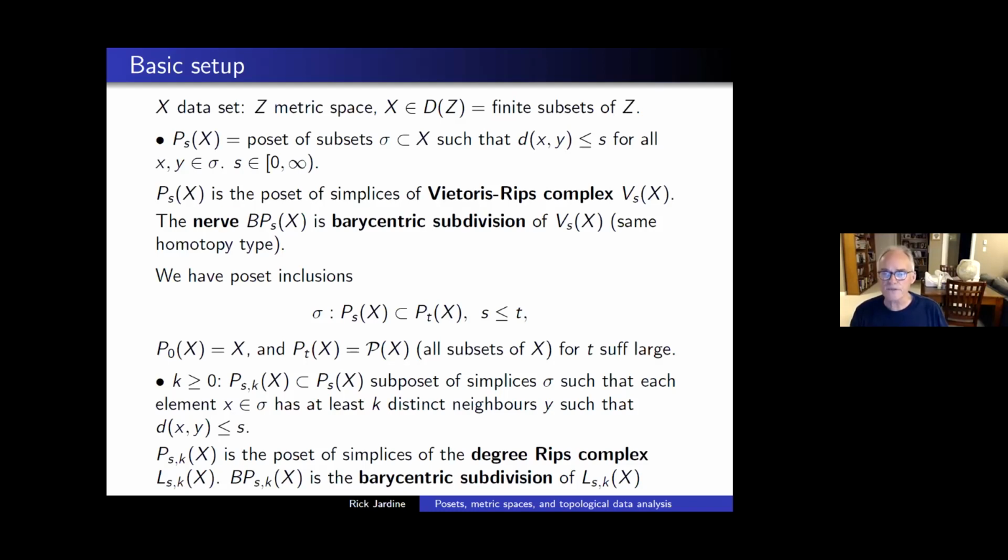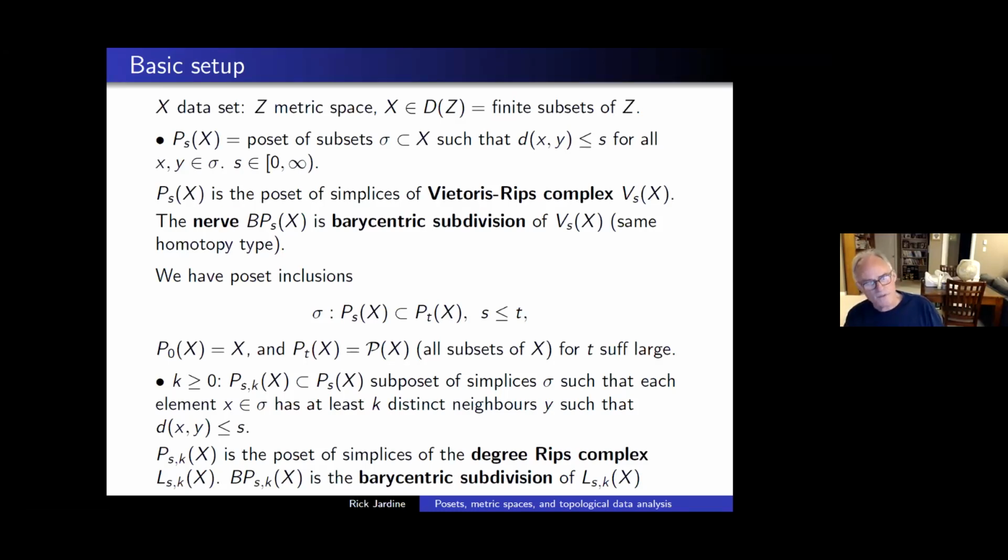So there's no difference at all if you're just interested in standard homotopy theoretic invariants, which is what traditional TDA is all about. So of course, if distance s is less than or equal to distance t, if 2 points in the subset are distance less than or equal s apart, they're going to be distance less than or equal to t apart. So there's an inclusion of posets of simplices that reflects that.